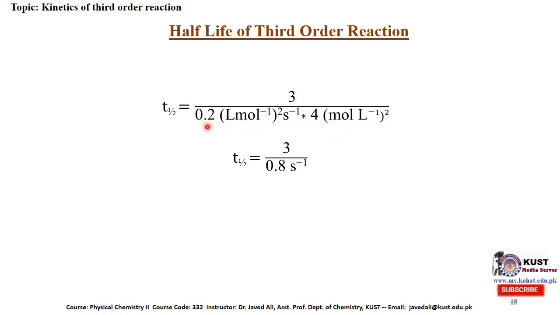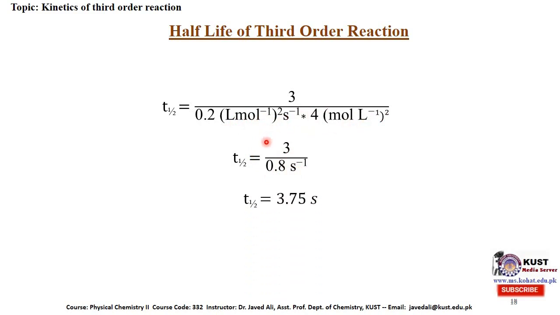By further solving this equation, we get half-life is equal to 3 divided by 0.8 per second. The units liter per mole whole square and moles per liter whole square will cancel with each other.